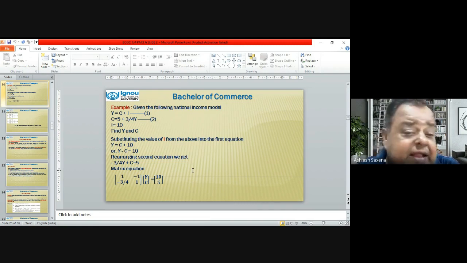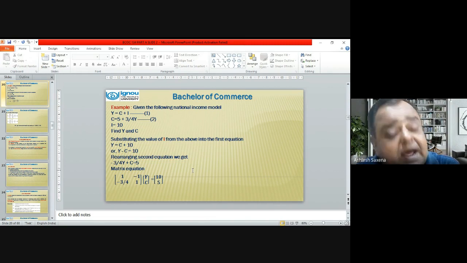Similarly, we will be arranging equation number 2. We will be placing the y and c terms in the same order as in the earlier step. That means it will become minus 3 by 4 y plus c equal to 5.